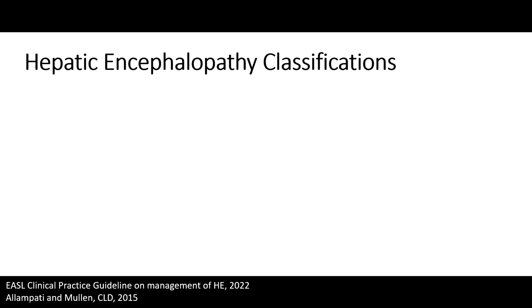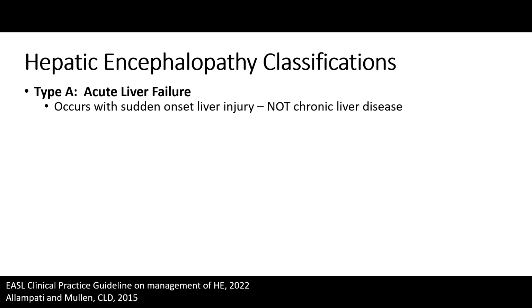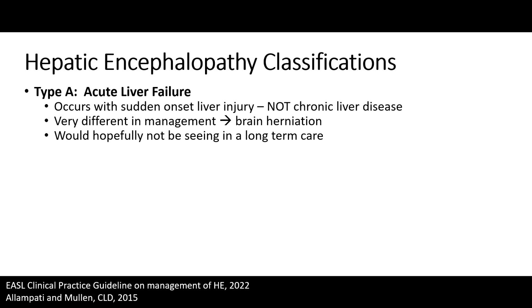Now, we always love to classify things and have new systems and gradings. We're the same in encephalopathy, so there are a few different classifications. Type A is the acute liver failure that we already talked about: sudden onset, not chronic liver disease, very different management. It's in an ICU, all of those things. Hopefully you are not seeing that.